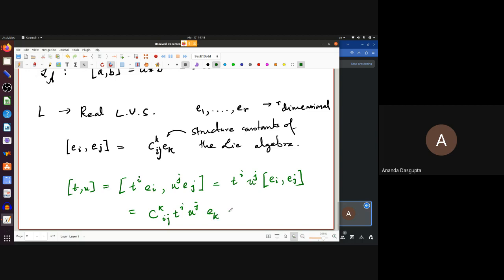So the kth component of [T, U] would be Ck_ij Ti Uj. Exactly what we had talked about earlier. We had defined [T, U] to be that. But once you define the structure constants in terms of what happens to the basis vectors, then this follows automatically.